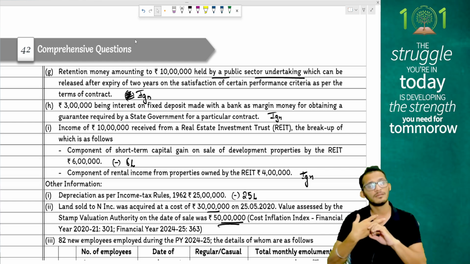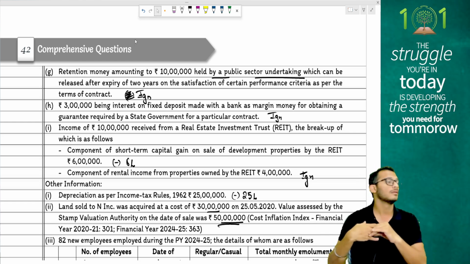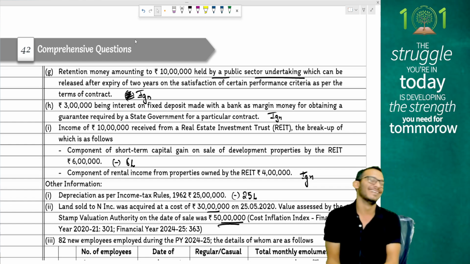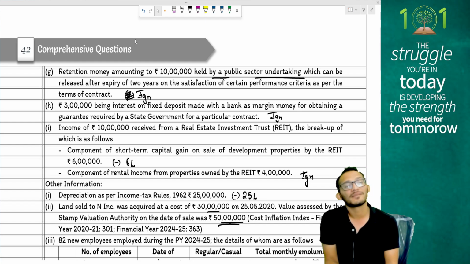Because it is. If it was incidental, why would you put it here?